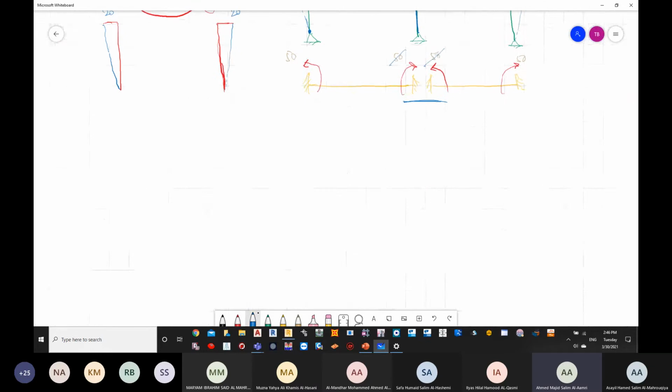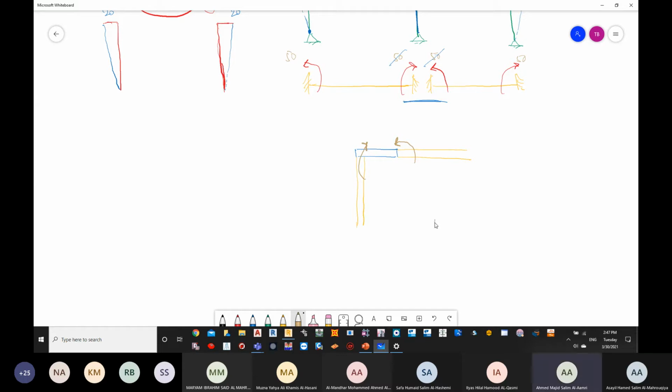Now in terms of 3D, if we have one column here, this column is linked to a beam on this side and it's linked to another beam on the other side. For example, you will see this beam is going to generate one moment. The other beam is going to generate the other moment.